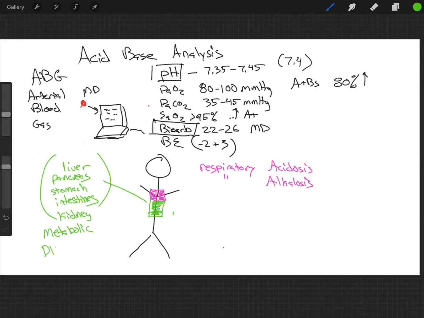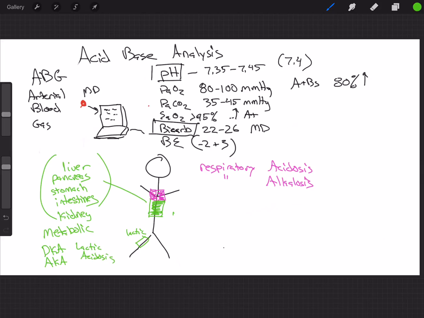So you've got something like diabetic ketoacidosis. This is a problem with the pancreas and liver. You've got alcoholic ketoacidosis. You've got a situation with kidney problems. You've got like the body making too much acid, like from a lactic acid buildup. So you have a lactic acidosis.